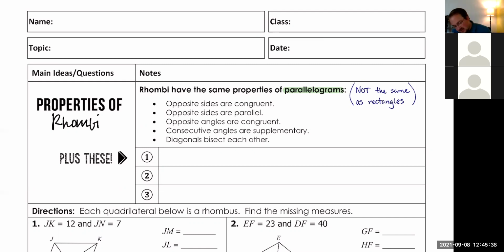First one is that all 4 sides are congruent. Second is that the diagonals are perpendicular.